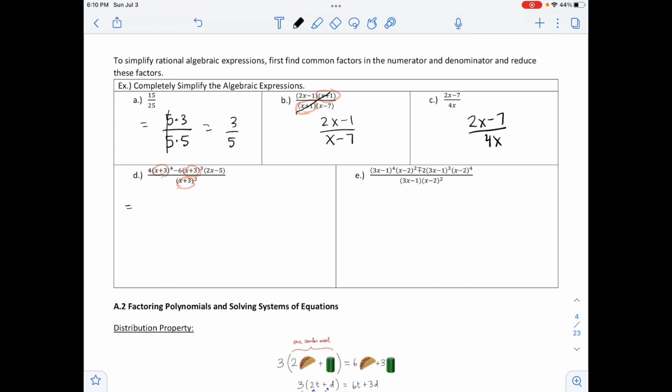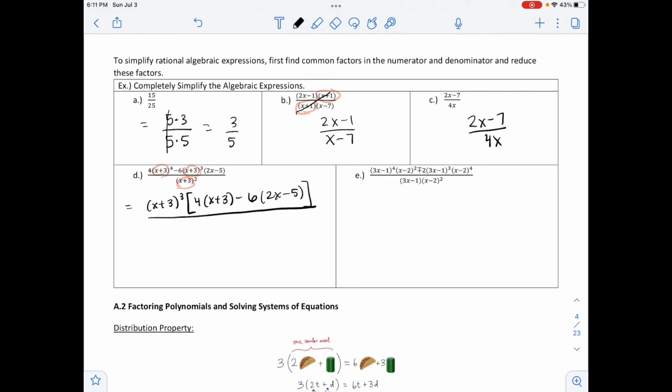So the most that we can factor out is 3. So we're going to have x plus 3 to the third. And then left over in the first term, we do have a 4 and an additional x plus 3. Then we have a minus 6. We took out all the x plus 3's in that second term. But we have a minus 6, and then we have a 2x minus 5.